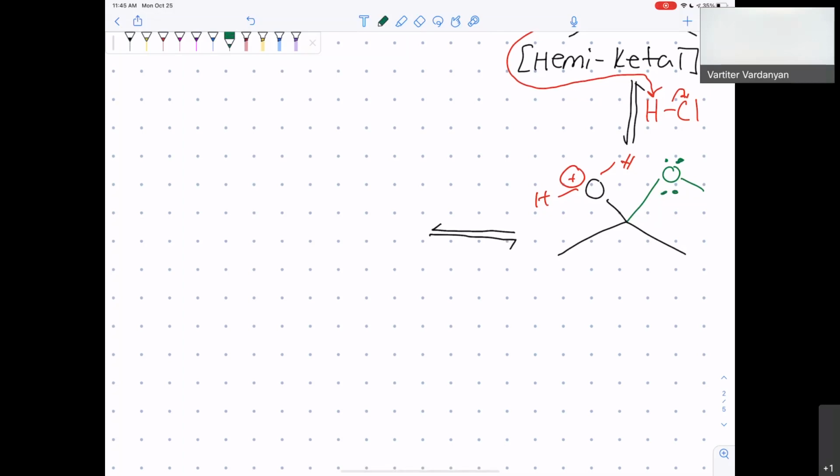So if we use these electrons to form a double bond, remember, the reason we're making that a leaving group is to get sp2 back, right? So we're going to reform a double bond, kick off the leaving group. So we get, bam.